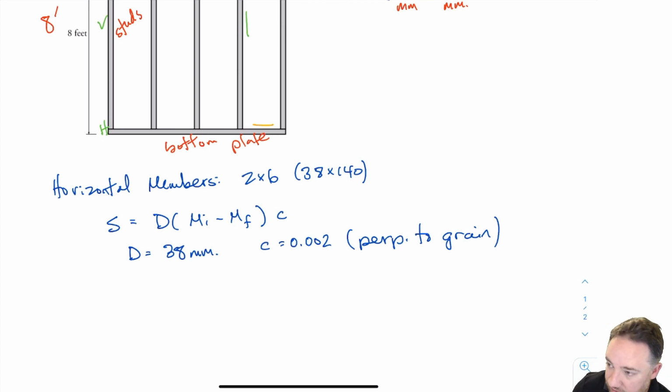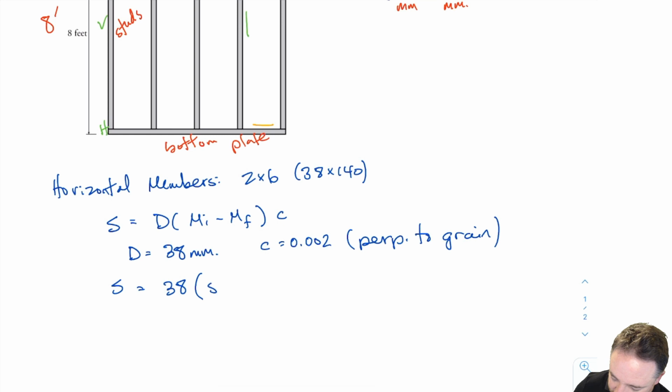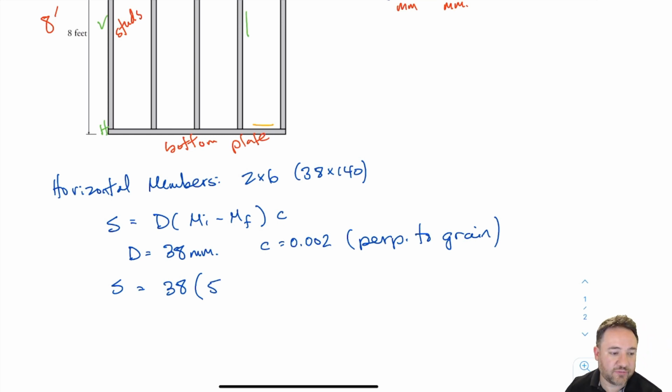So what's my S? It's equal to 38, which is my dimension, and then I have MI minus MF. In this case, my MI is going to be 5. I start at 5, so that's my moisture content that I start at. Then I go to 100, but I'm not going to put 100 here because past the fiber saturation point there is going to be no swelling.